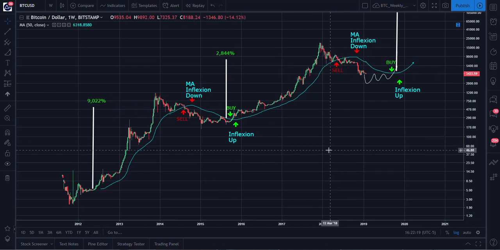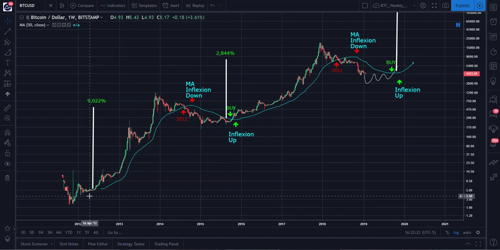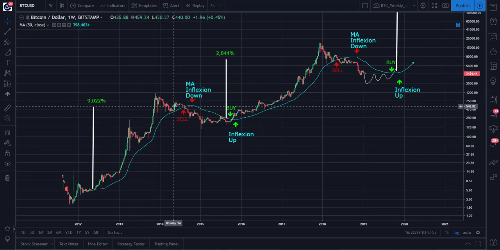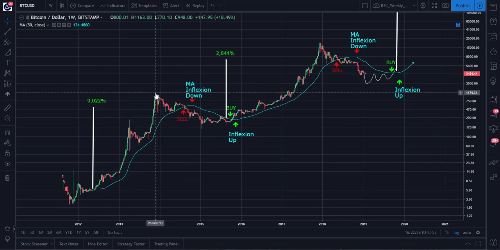So, a very easy trend following method would mean whenever price crosses to the upside, it's a buy signal. And you hold on to it until the price decisively crosses below the moving average. Same thing here. The uptrend ended technically at this point.